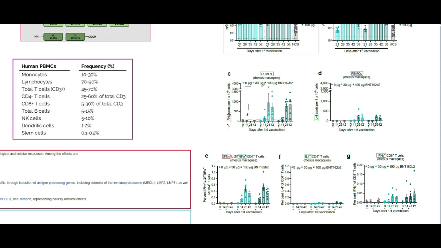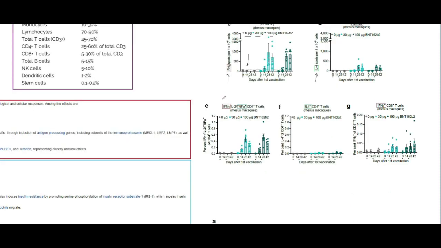We get no response. With 30 micrograms and 100 micrograms, we see that after 14 days we start getting a small response. At 28 days we see this peak response. And then this is for the interleukin 4. It's looking at the same thing, so we start seeing this response, but it's a bit less of a response for the interleukin 4.